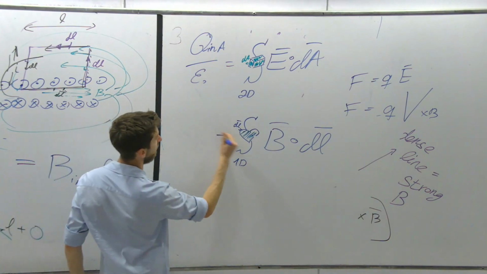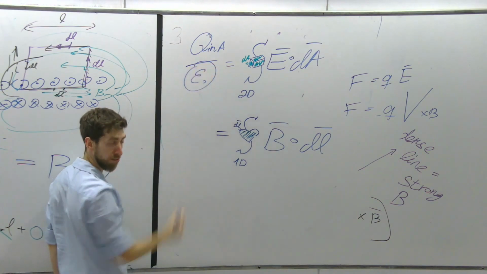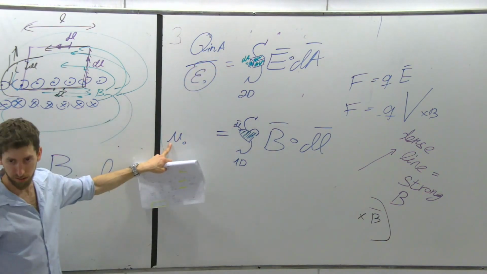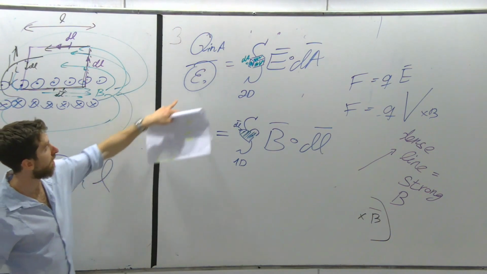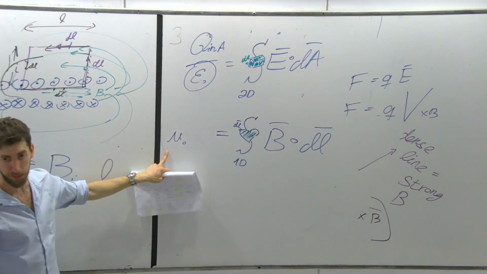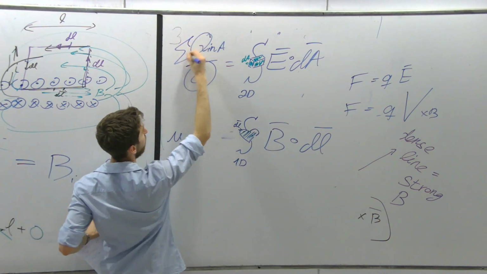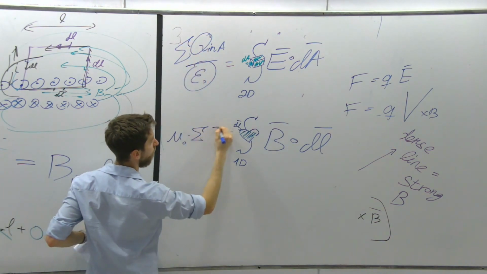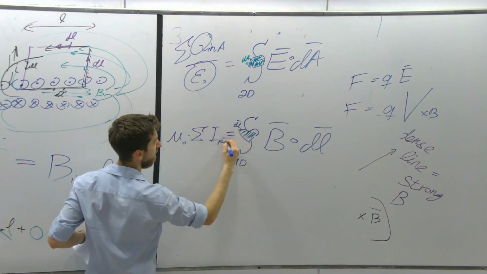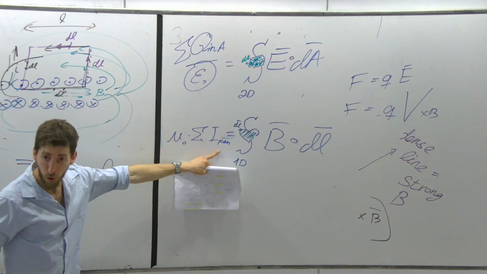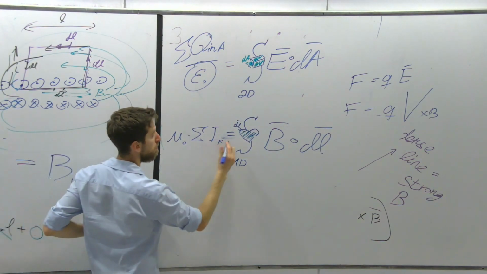So here I see another constant, a magnetic constant, which is called the permeability, the permeability of vacuum, of space, multiplied by the sum of currents penetrating, from the word penetrate, or from the word poke.